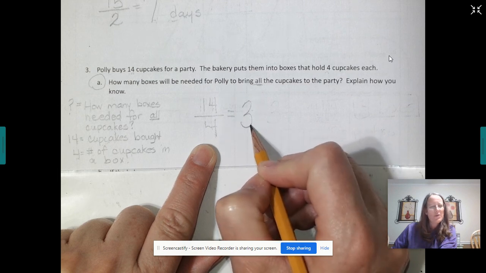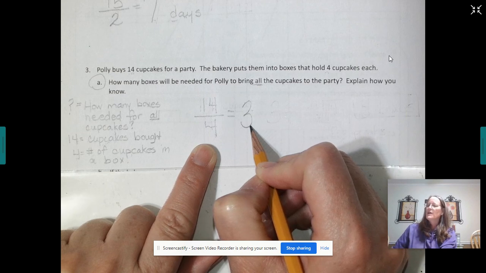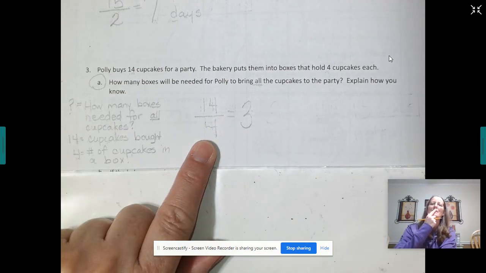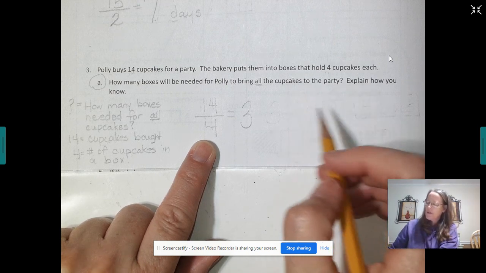What does this 3 represent? So 3 boxes that are holding 4 cupcakes each. So how many cupcakes is that? That's 12.